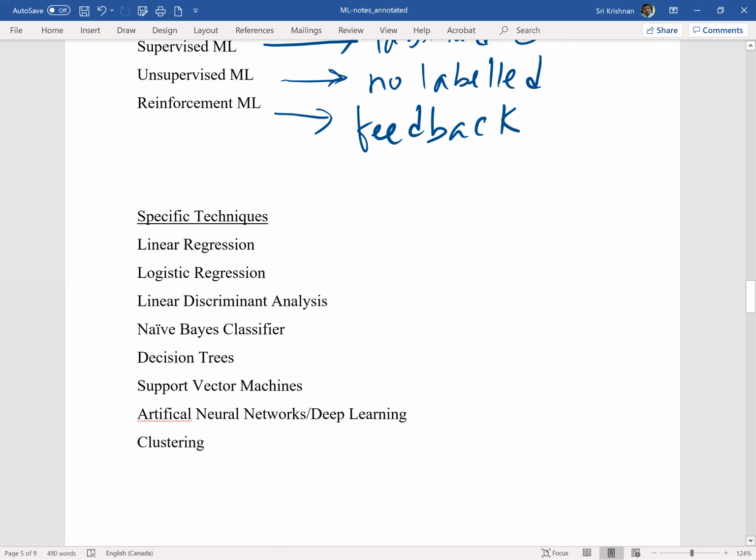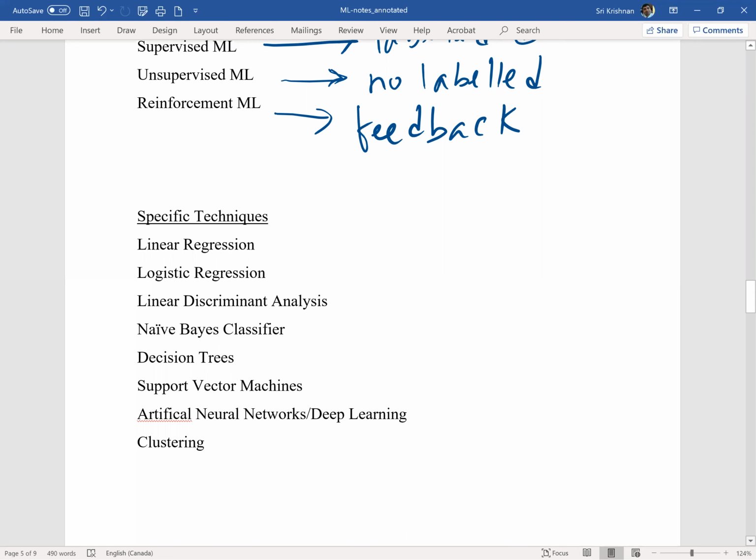So that covered general machine learning frameworks. And in this lecture, we will look specifically at how we could bring it to the context of biomedical signal classification.